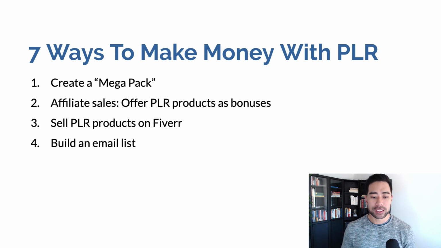This way, once you build an email list, you can monetize it by doing promotional emails, by sending people to a product you're an affiliate of. And that's what I mean by building an email list. And that is how you'll be able to make money with PLR.